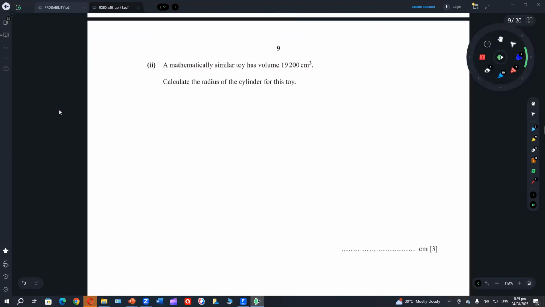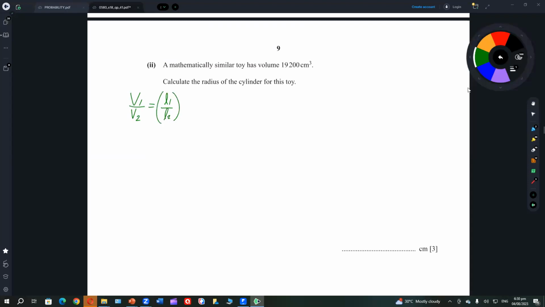A mathematically similar toy has a volume of 19,200. Calculate the radius of the cylinder. This is a similar figure case. So first, see the formula. Again, memory should work. This is the formula for similar figures.